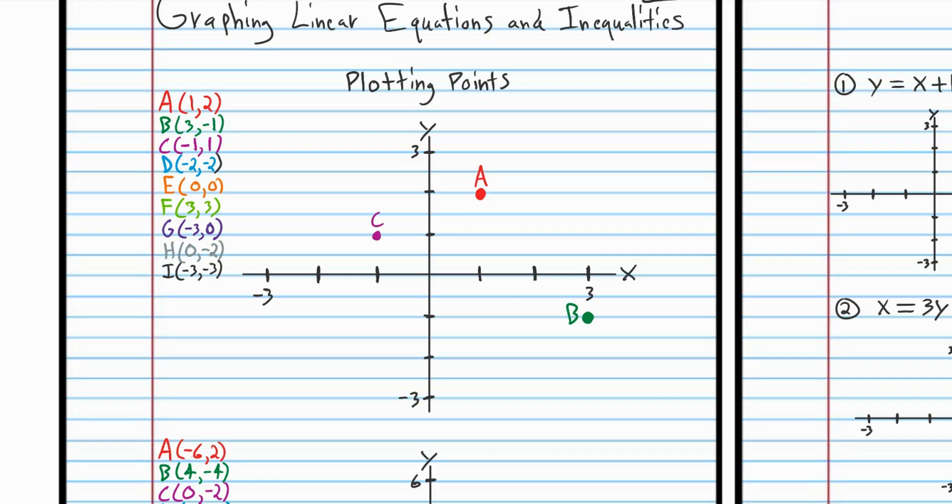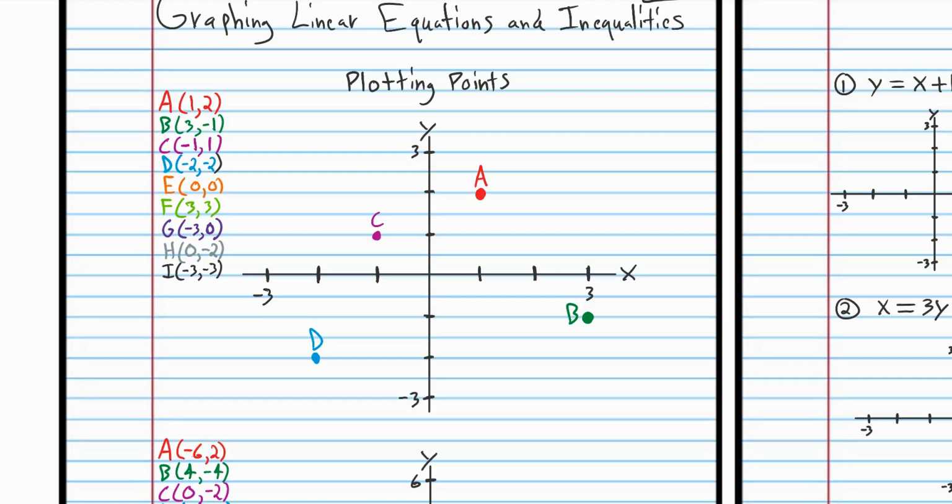And you don't always have to put the letters above, but in this case it's probably best. And then D is -2, -2, so we go to the left and then down. So that point will be here. And so the negatives are always to the left and down, and the positives are to the right and up.